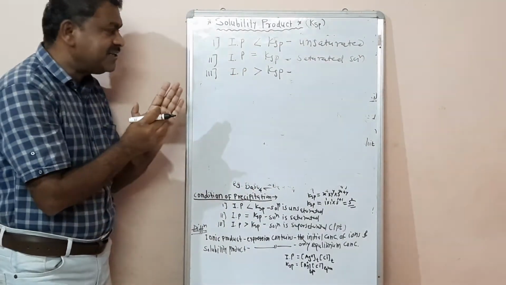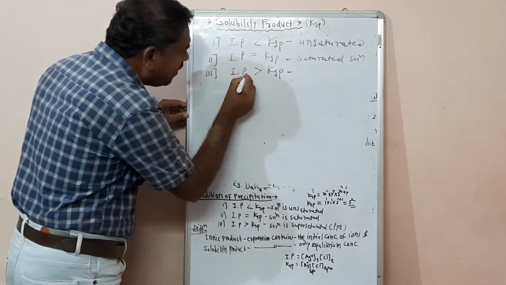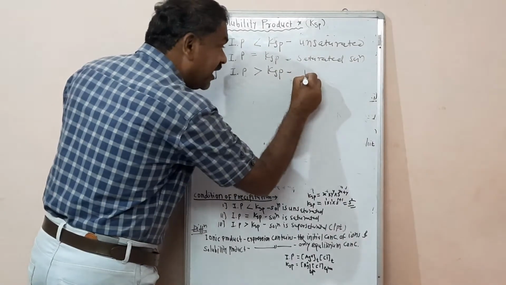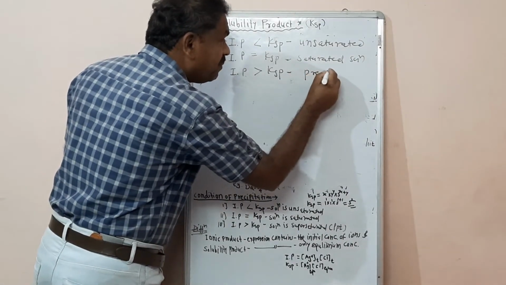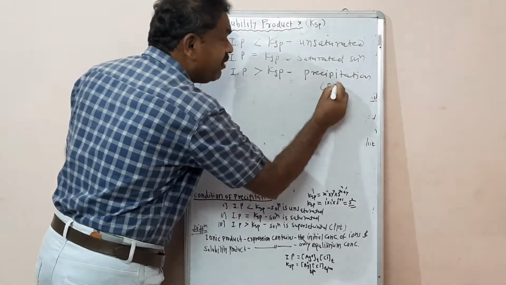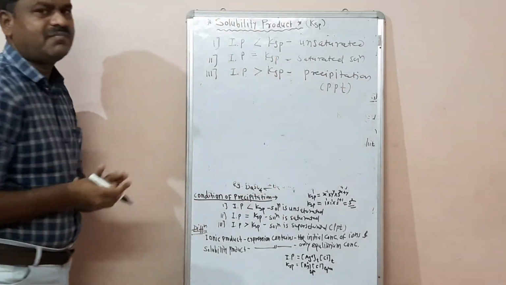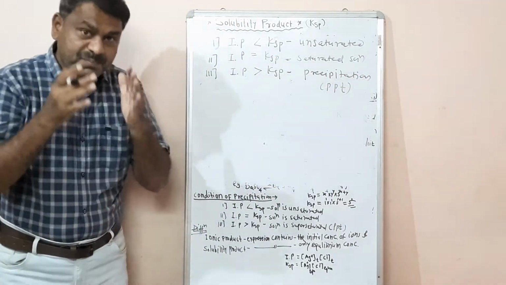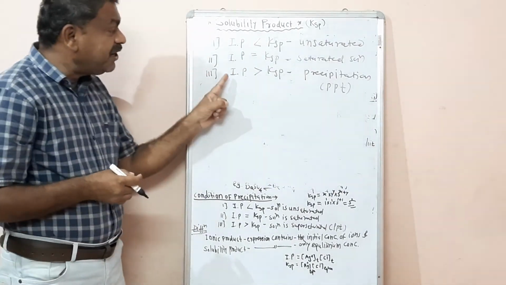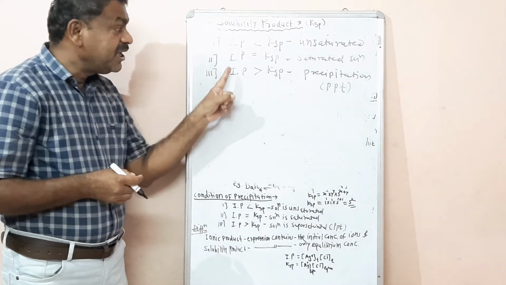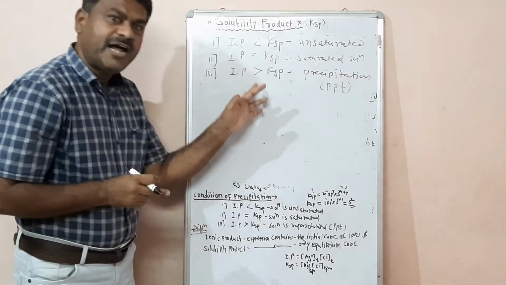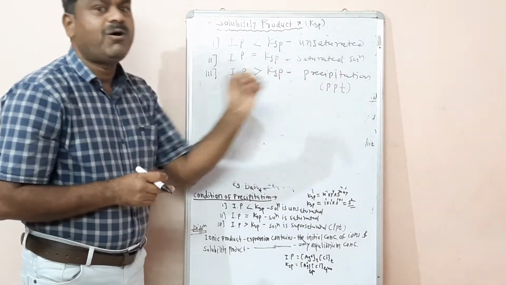And the last condition: if the ionic product is greater than the solubility product, then precipitation will occur and the precipitate will be formed.